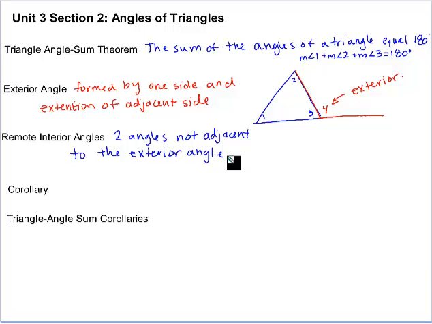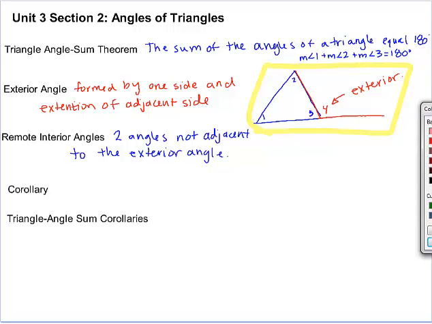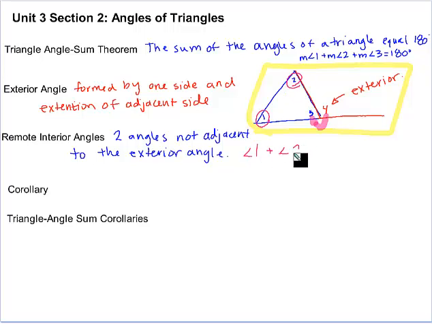So for example, on this diagram here, we currently have that angle 4 is the exterior angle. So now we want to determine which two angles are not adjacent to, so are not next to. 3 and 4, they're right next to each other. So 3 is adjacent, so that means 3 is not remote interior. Instead here, the remote interior angles would be angle 1 and angle 2, because angle 1 and angle 2 are not next to angle 4.